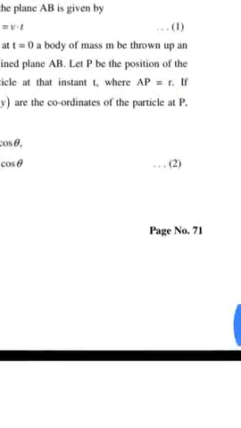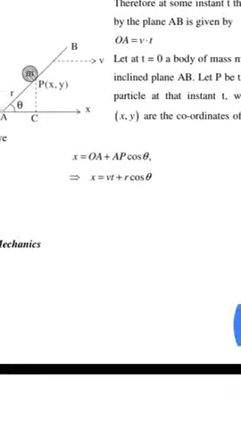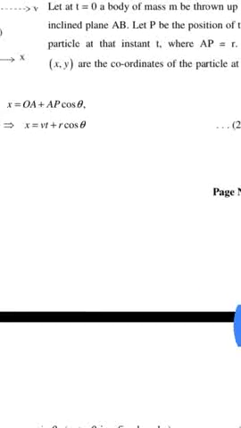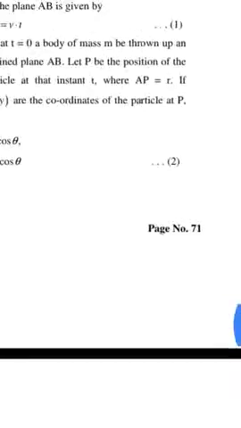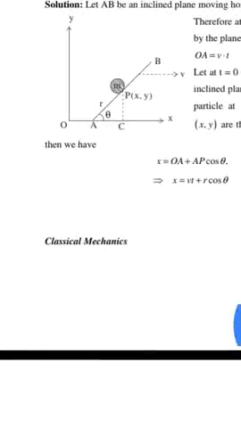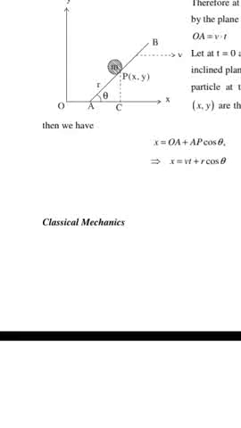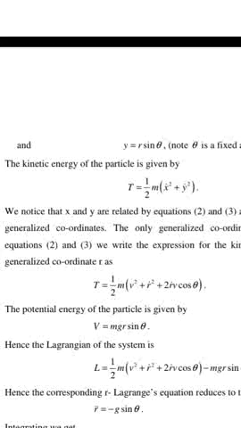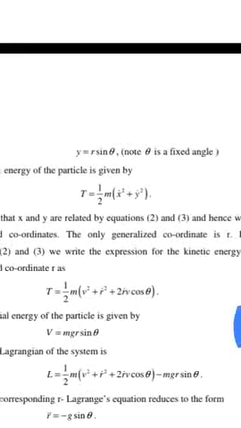Let P be the position of the particle at an instant t where AP is equal to r, and if x, y are the coordinates of the particle at P, therefore x is equal to OA plus AP cos theta, that is x is equal to vt plus r cos theta, and y is equal to r sin theta.